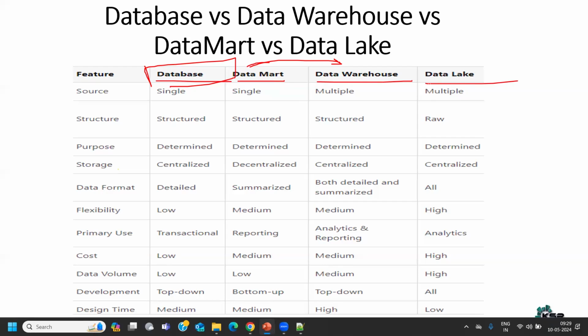Once you create a data lake, you can directly create a database. There is no compulsion that you need to create a data warehouse. Once the product is manufactured, it can be directly sold outside. Even that is possible. But if there is a data warehouse, only then does data mart come into the picture. And data warehouse means OLAP. That means data mart is also OLAP. Only the database is OLTP. Okay, sir.